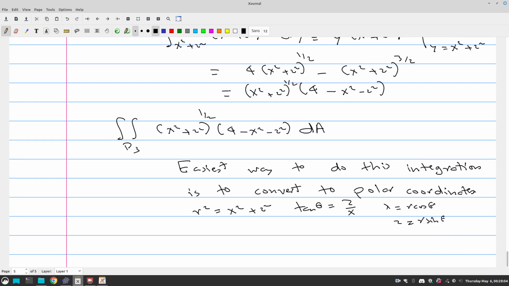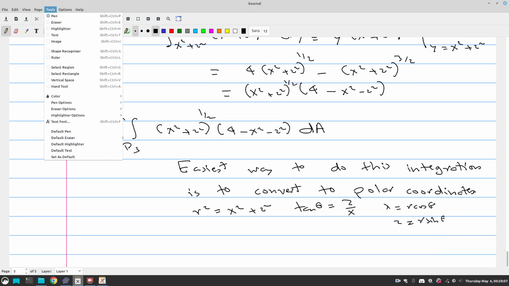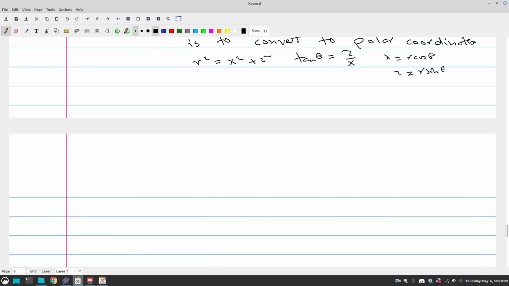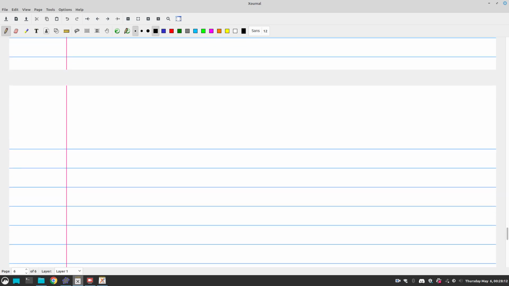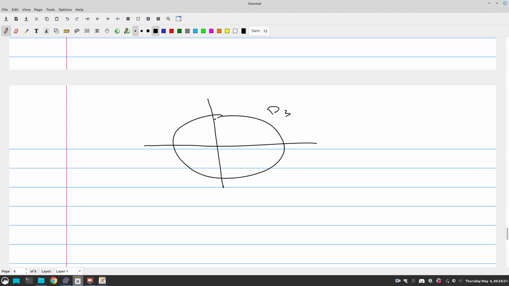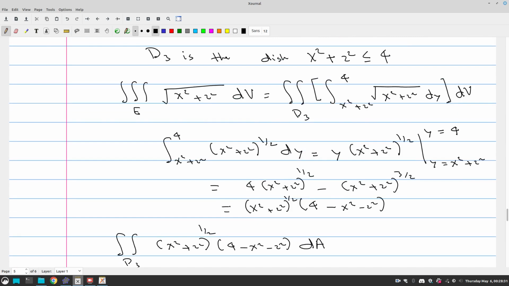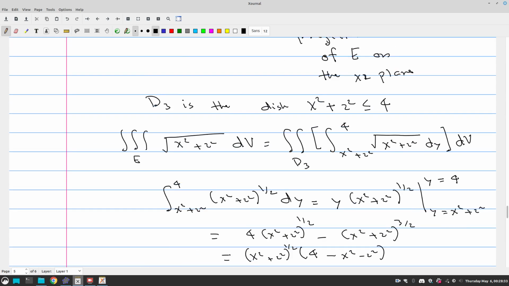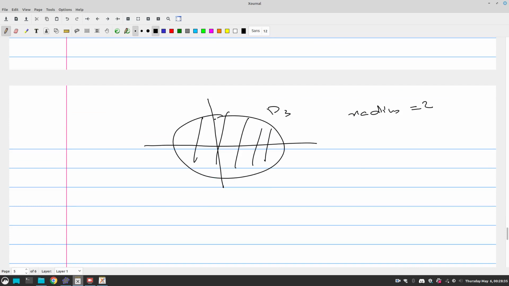So this disk D3 can then be represented in the following fashion. Remember, the disk has radius 2, because the disk is given by x squared plus z squared less than or equal to 4, and theta of course goes from 0 to twice pi.